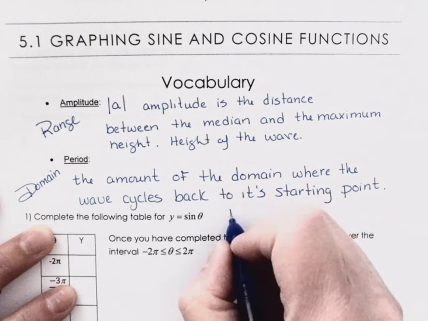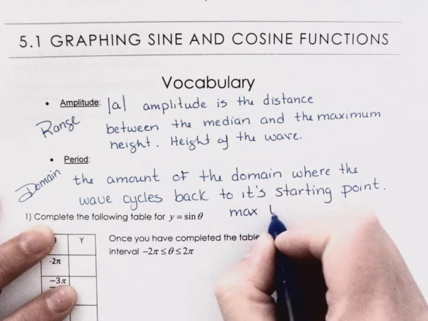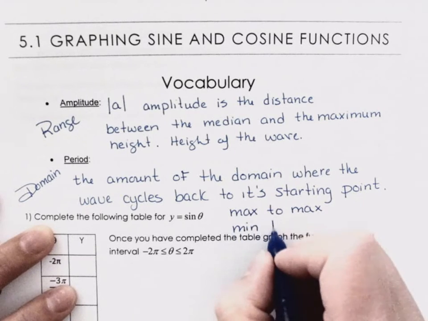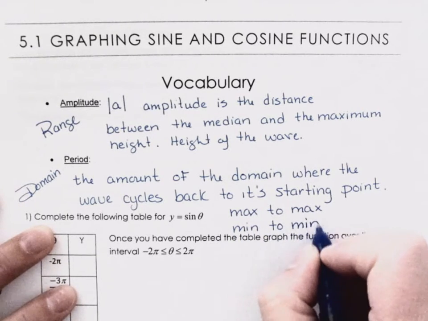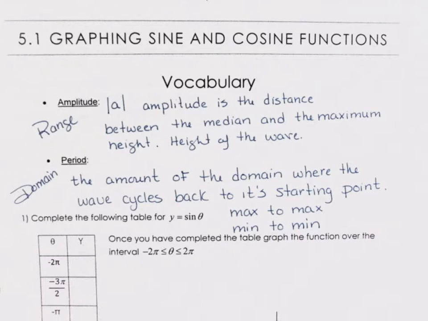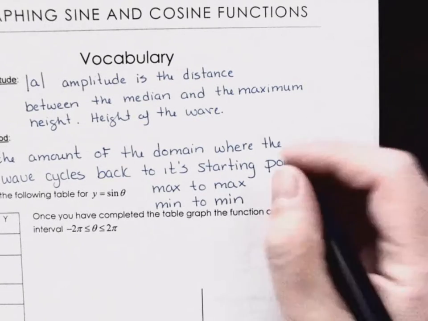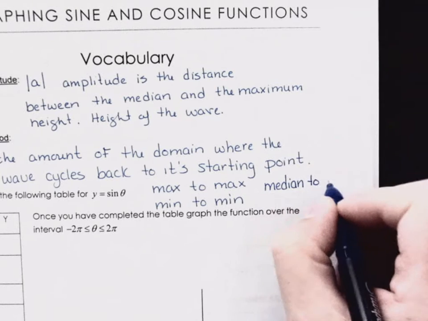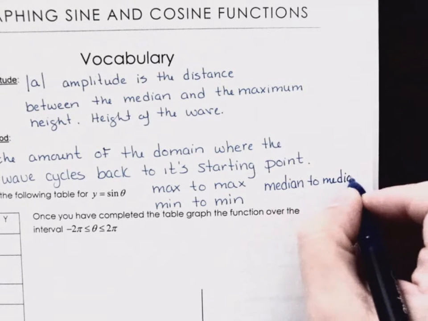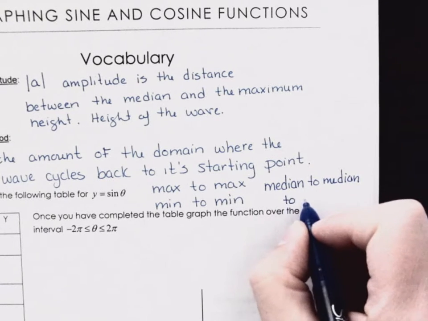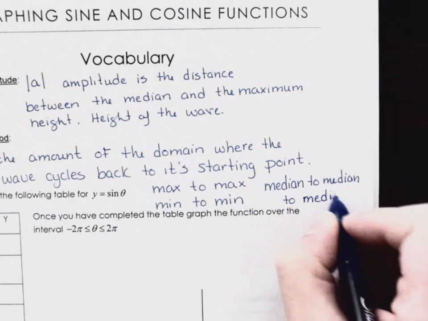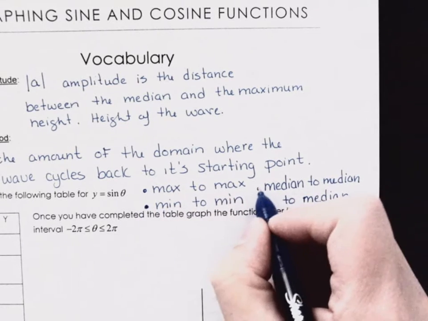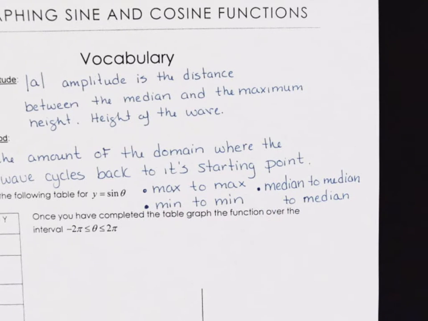So this would be something like a maximum to a max, a min to another min, that's a period. Or if you do medians, you have 3 of them, a median to a median to a median. So you can have a max to a max, a min to a min, or 3 median measurements.